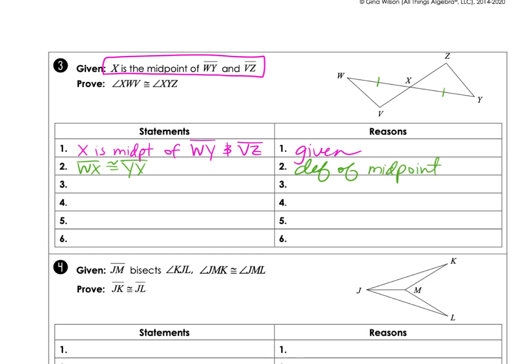Okay. Can you tell me something else that we know? Since it's like vertical angles, okay, can I say like WXB is congruent to what? ZXY. Mm-hmm. Okay, so that's vertical angles.